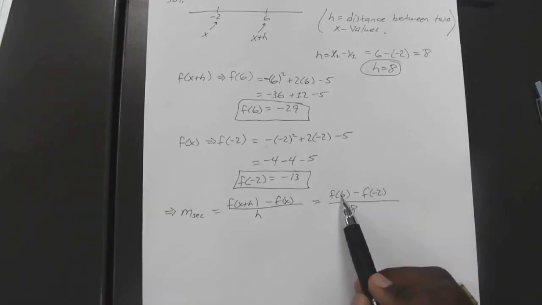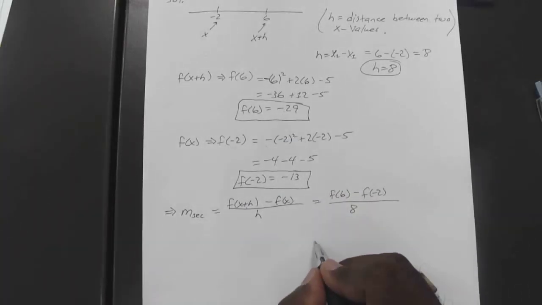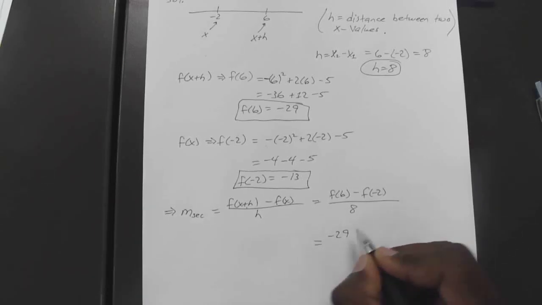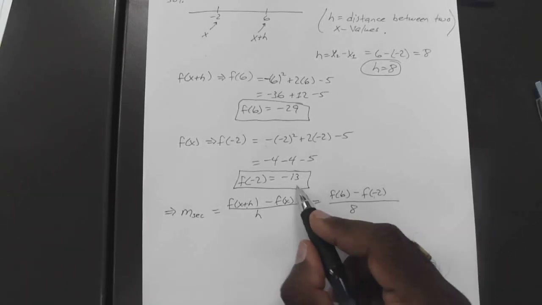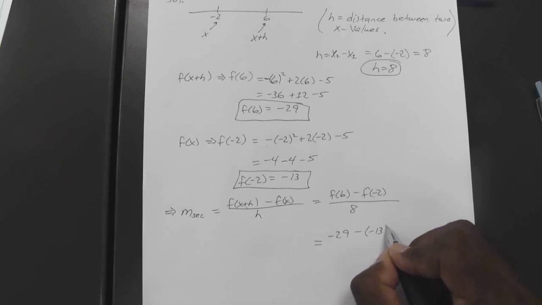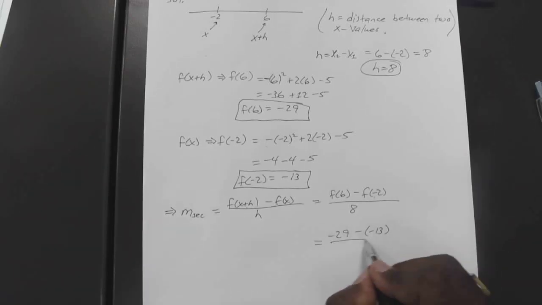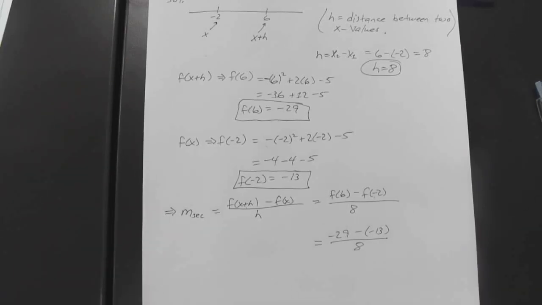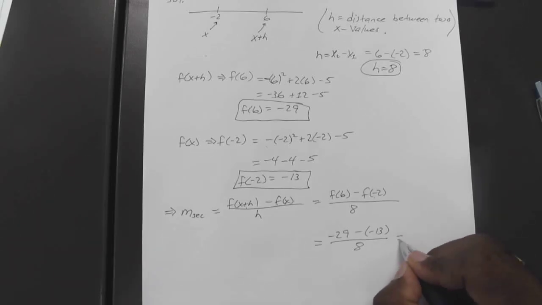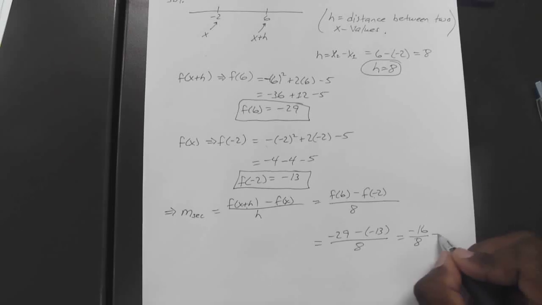Okay, so f of 6 is -29 minus f of -2 is -13 all over 8. So that ends up being -16 over 8, which is -2.